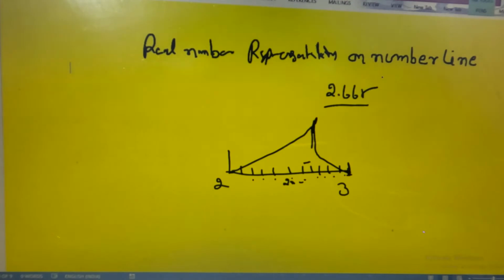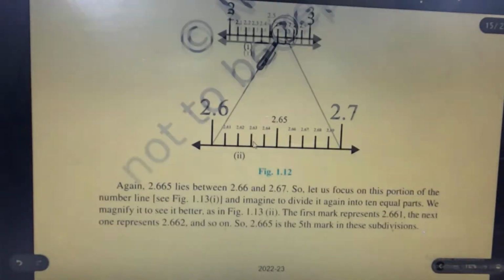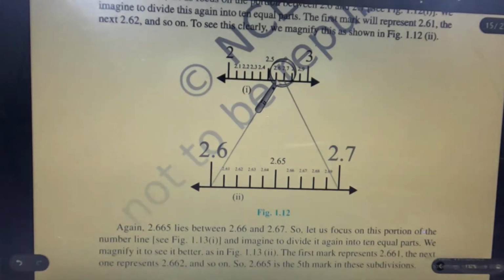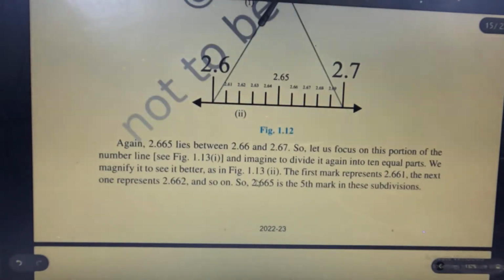So we imagine dividing this again into 10 equal parts. The first mark will represent 2.61. Then we can clearly see 2.65. So again we divide the part between 2.6 and 2.7 into 10 equal parts: 2.61, 2.62, up to 2.65, and then we find the value of 2.665. So this is the concept behind finding the number 2.665.